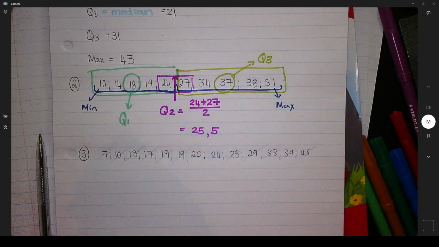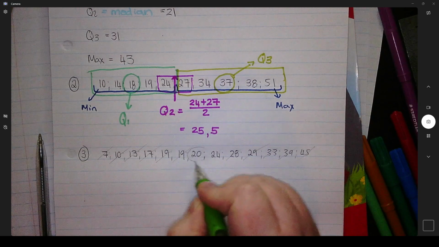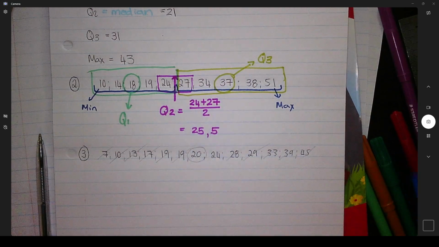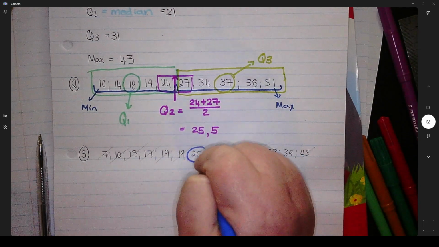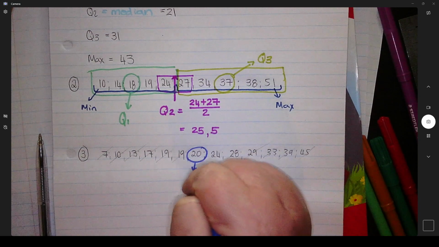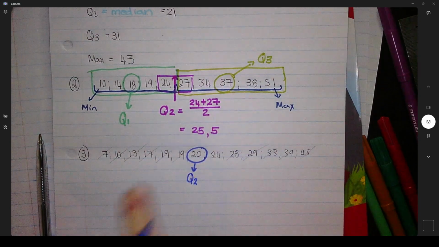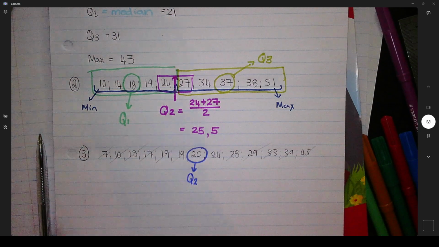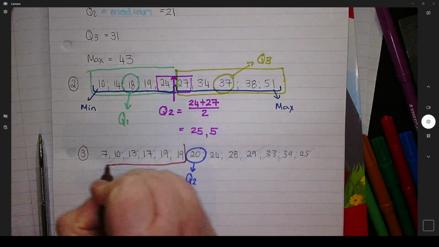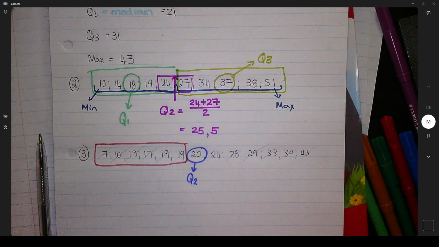That's completely fine. So our median is 20. Just make sure to do it in pencil because you still want to be able to use these values and those values. Alright, now our lower half is these numbers.